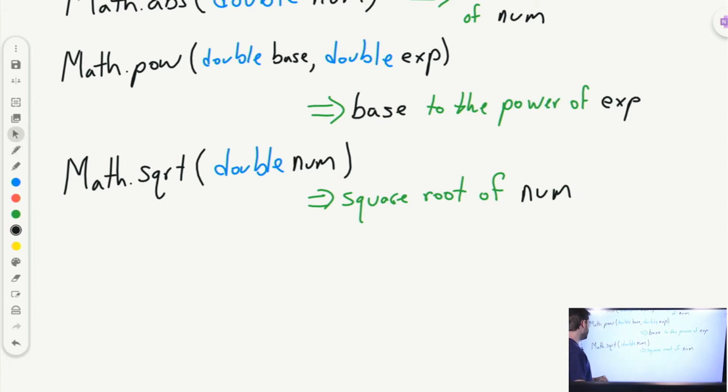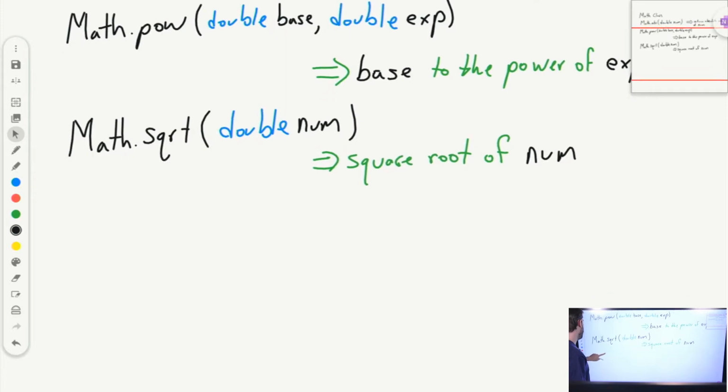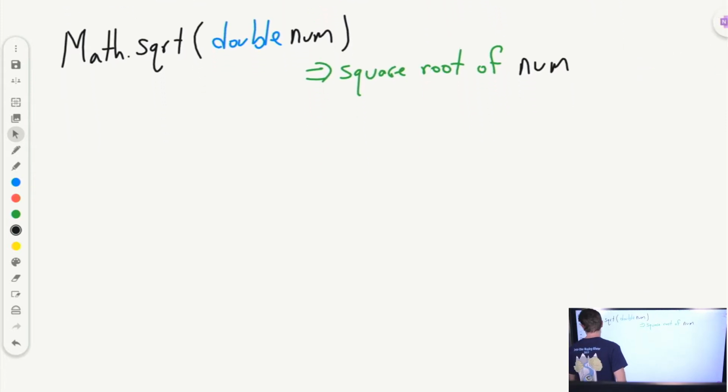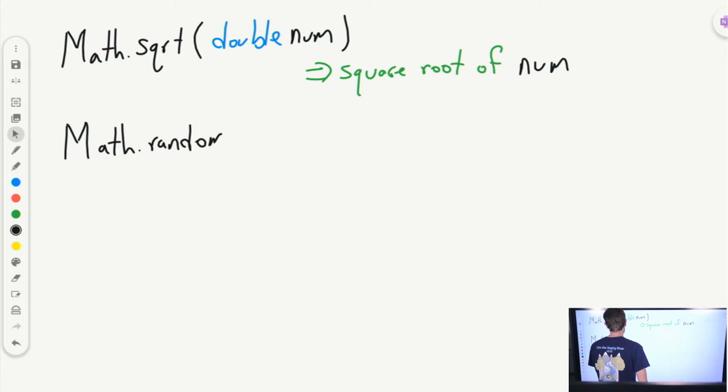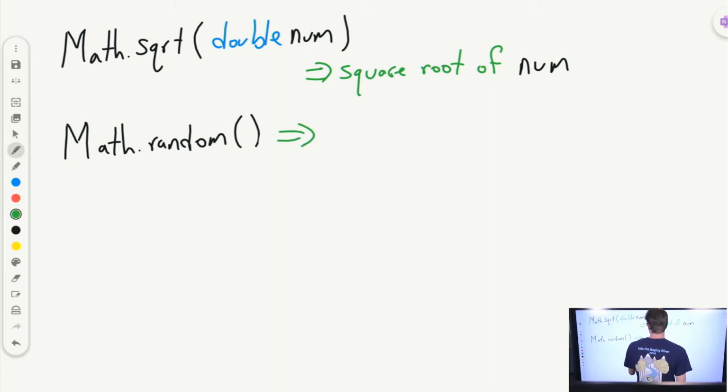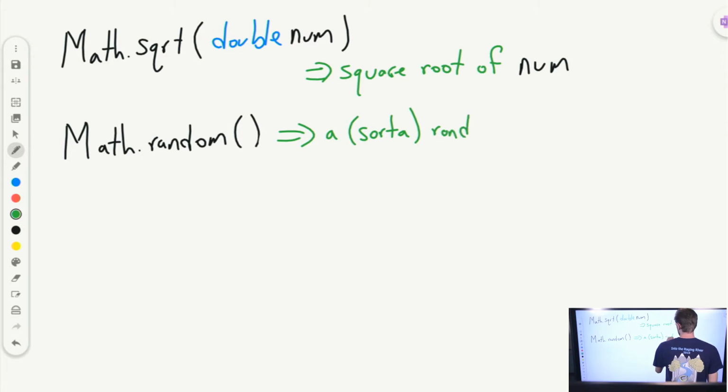Okay, and we have one more, Math.random. This does not take any arguments, and this returns a random number from 0 to 1, not inclusive.